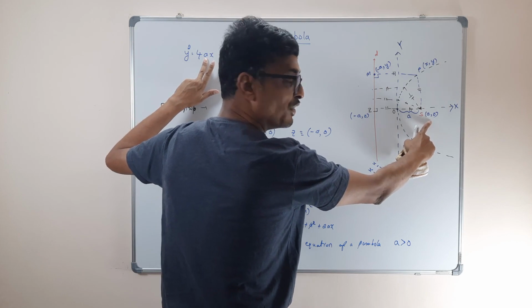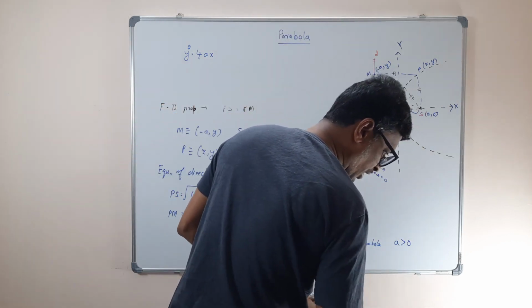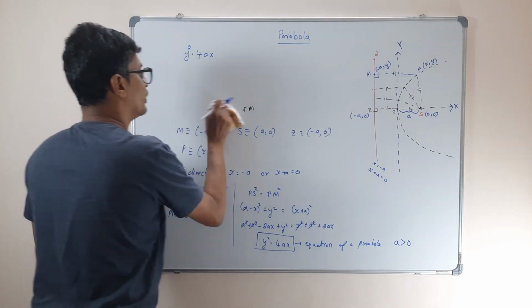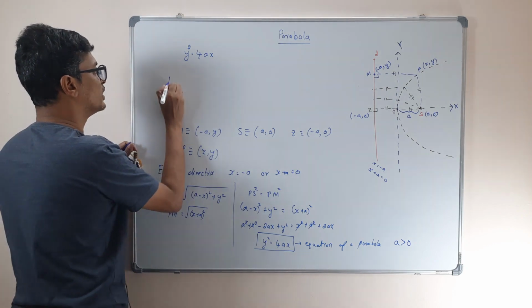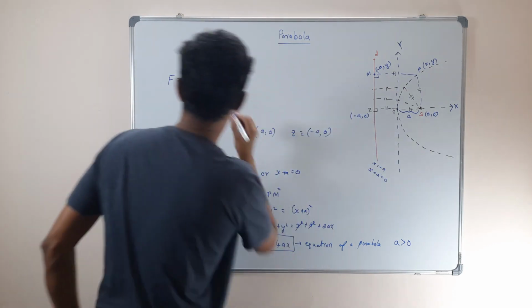Am I right? And the next question they have given: find the equation of the parabola with focus at, okay, they have given one problem. The focus they have given as 2, 0.